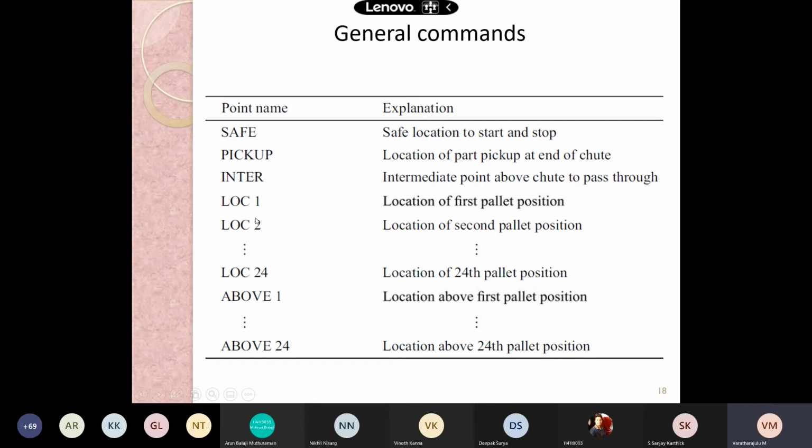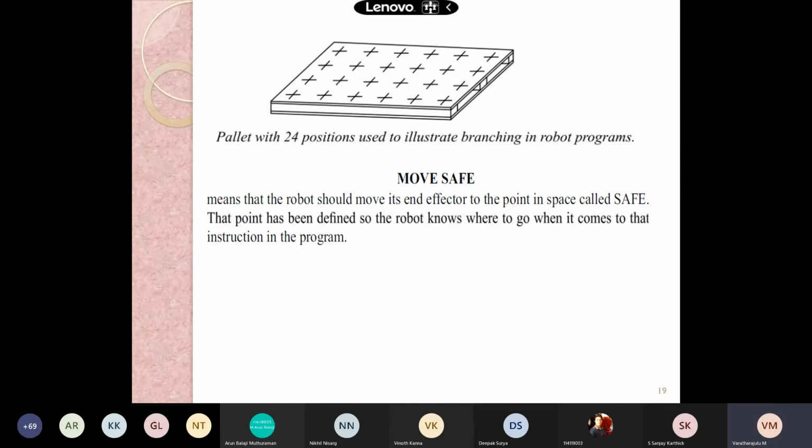With this we are going to have some program numbers. LOC1 to LOC24, we have 24 pallet positions. Above 1 location above pallet 1 and till 24 we have different pallet positions. See here, the pallet with 24 positions is used to illustrate the branching robot program.